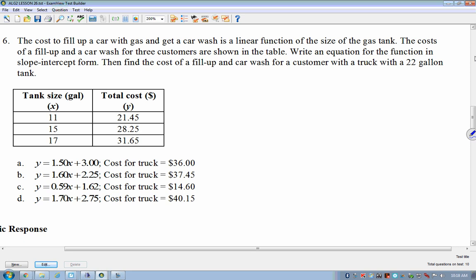First two. Okay? So we're looking at it like this. All right. Danielle, tell me how you would set this up to find the slope. y1 minus y2 over x1 minus x2. Okay, sure.